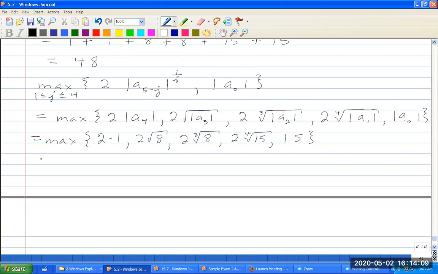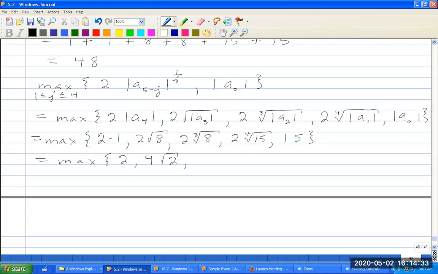So this is the maximum of 2, square root of 8 is 2 rad 2, so that's 4 rad 2. Still a relatively small number.